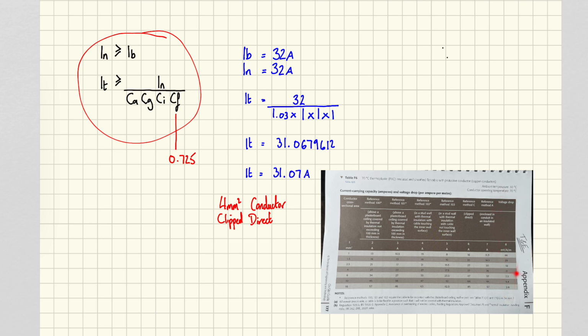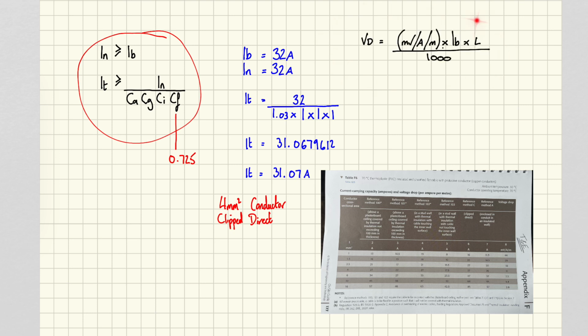We've got the voltage drop on the end here, and so we need to do a second calculation now in order to work out whether the conductor needs to be a larger size to combat any potential voltage drop within that circuit. So the voltage drop calculation, which is the second one we need to do, looks like this.